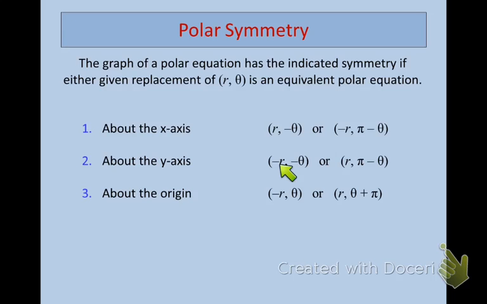So if I replace theta with negative theta and I am able to simplify it all down and it ends up being the exact same equation, then it is symmetric about the x-axis. If I replace negatives on both the r and the theta, then it's reflexive about the y-axis. And if I replace r with negative r and it works out, then it's symmetric about the origin.